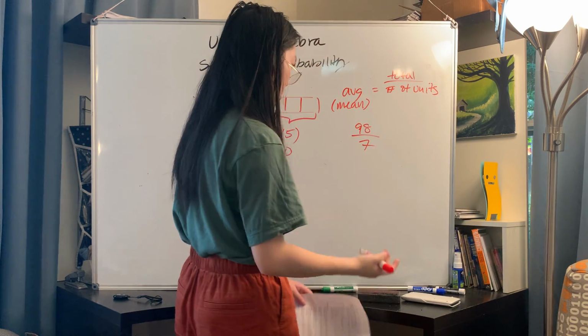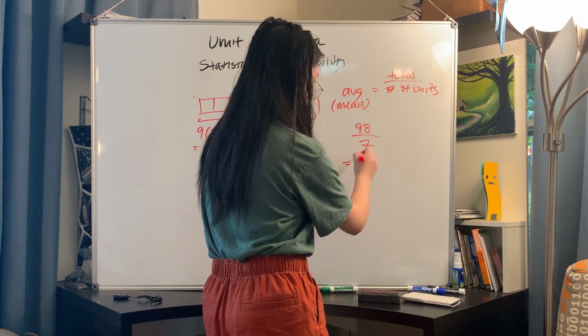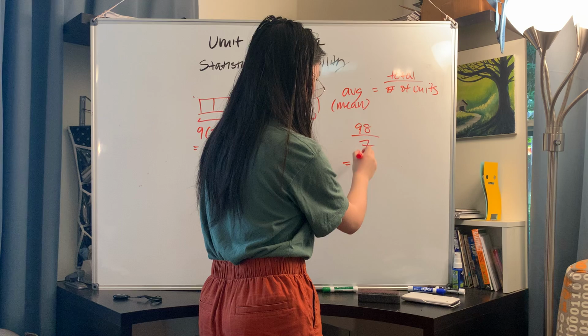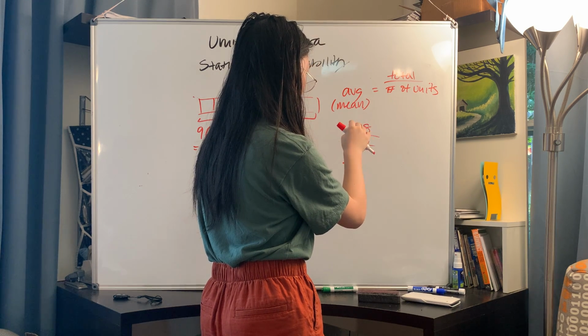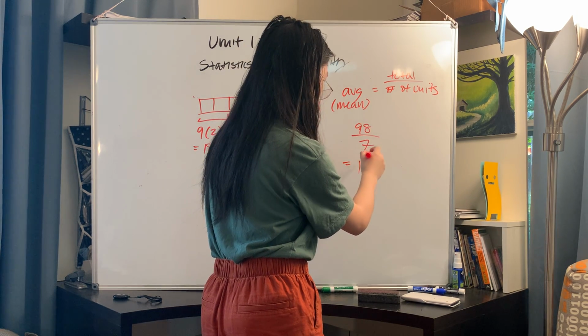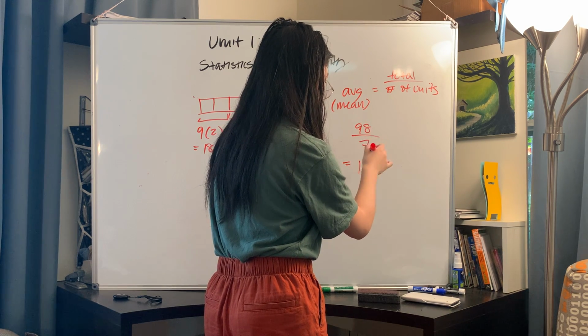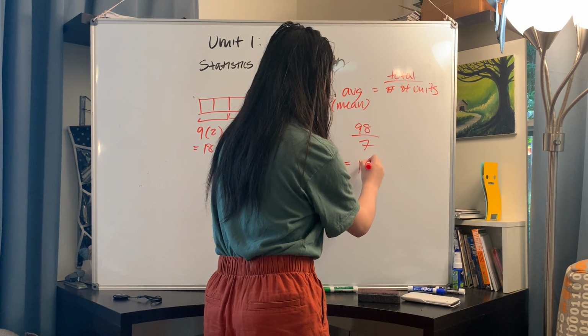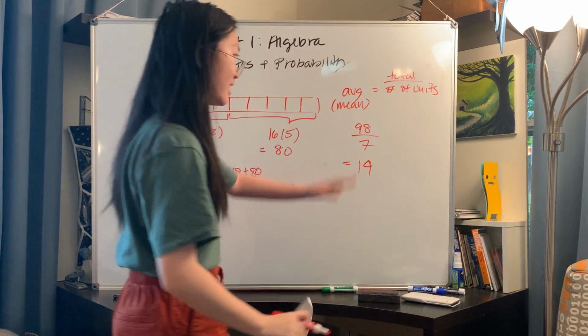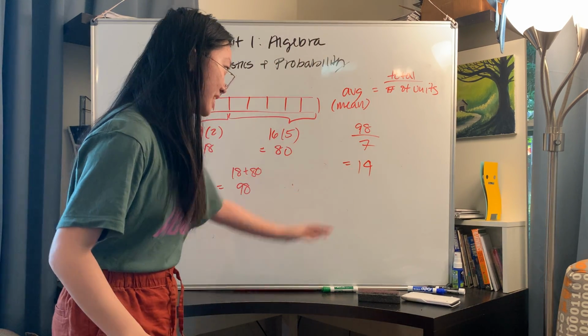And I believe that's divisible by 7, right? 98 divided by 7 is 14.